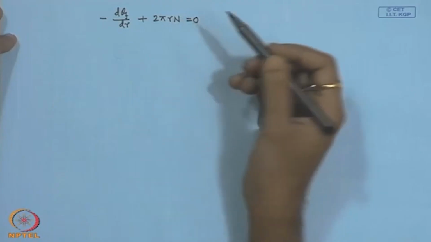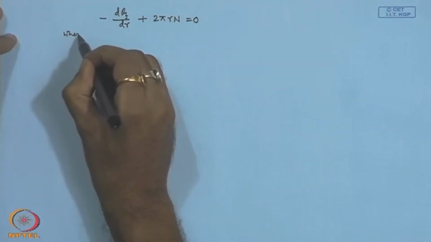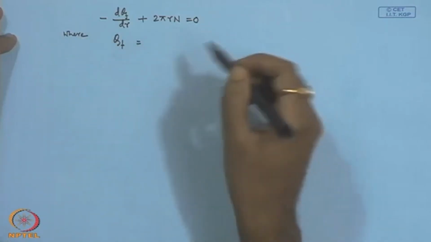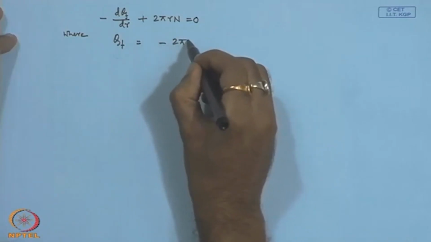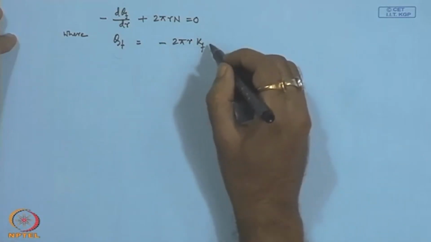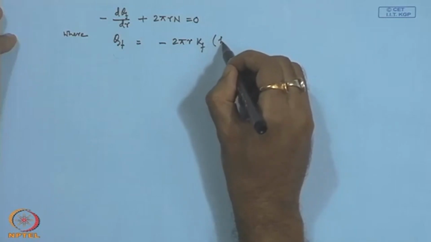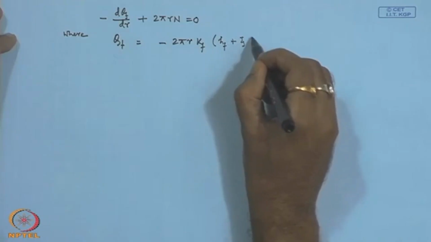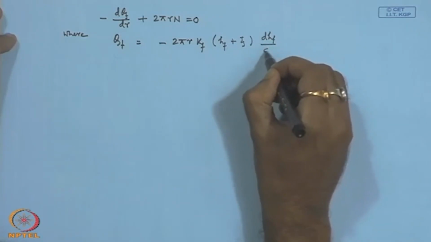This is varying with the radial direction, where we have this Qf or our flux as 2 pi r into Kf, Kf is the freshwater hydraulic conductivity, Hf plus xi dHf by dr.